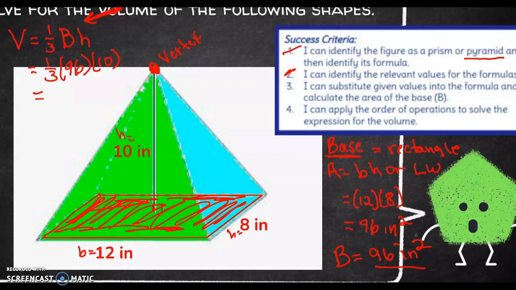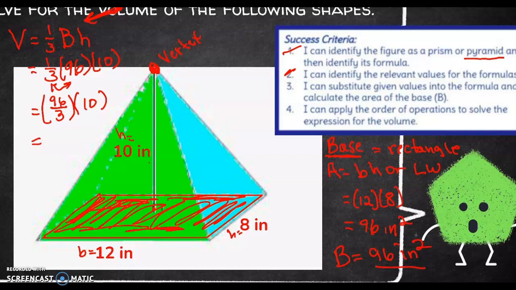So whenever I multiply a whole number by a third, it's the same as dividing by 3. So let me erase this, put it down some. So now I've got 96 divided by 3.